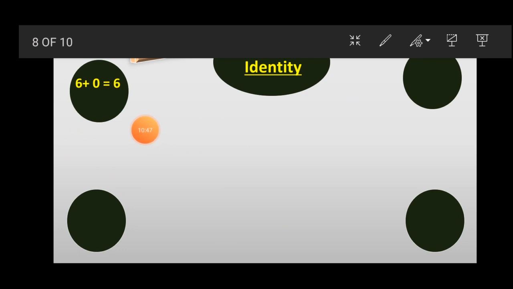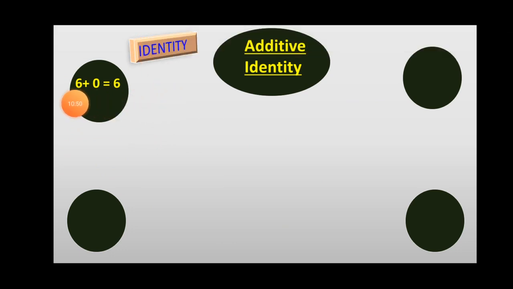Now here come identities. Children, first of all we'll learn about the additive identity. We know that when we take any counting number and add 0 to it, we get the same counting number. Let us take another example.